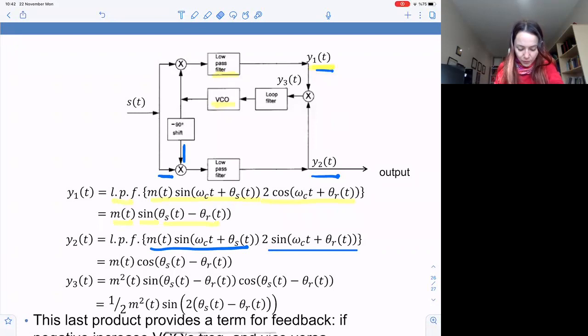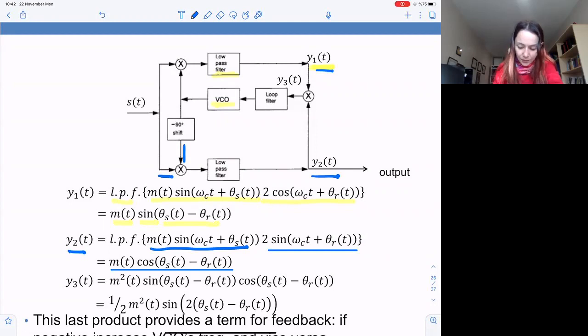And we form this M of t cosine theta S minus theta R. Now, when theta S and theta R are close to each other, Y2 of t is close to M of t.